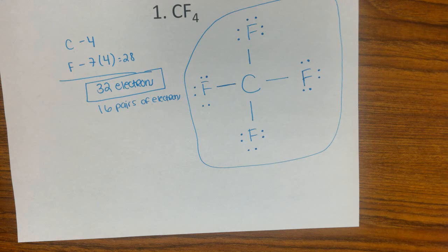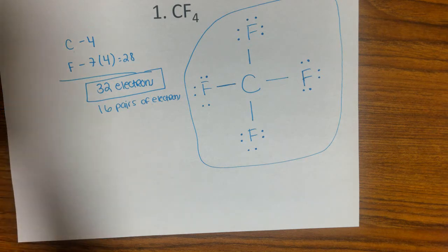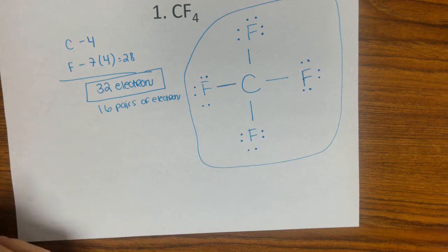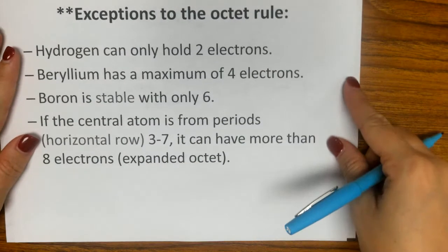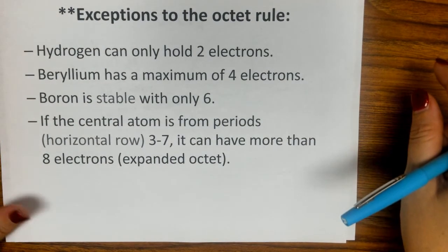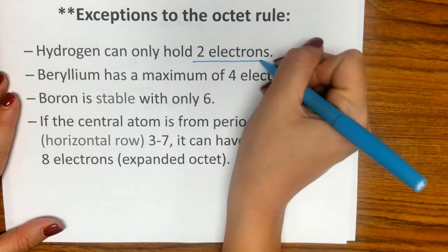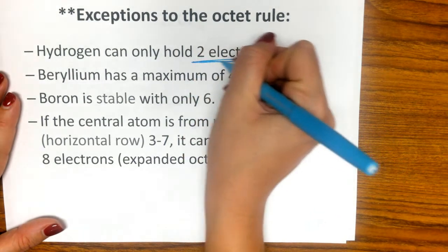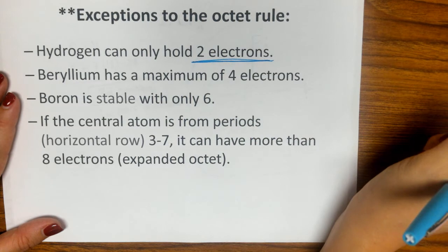We're going to do this again, but with a few more examples. Now, in your notes, there's a section for exceptions to the octet rule. You're going to need to write these down and know these. So, hydrogen can only have 2 electrons. Hydrogen does not want 8, it wants 2.